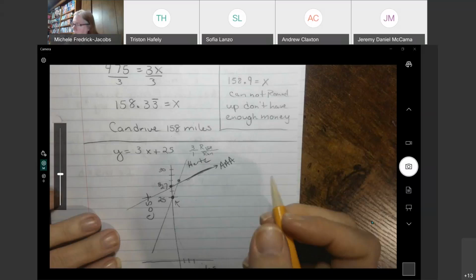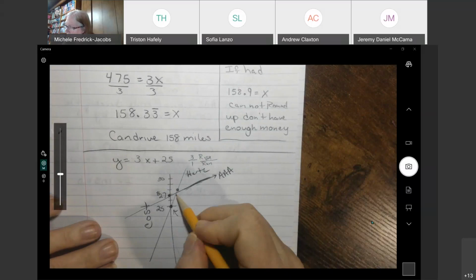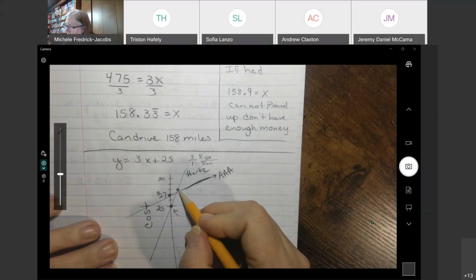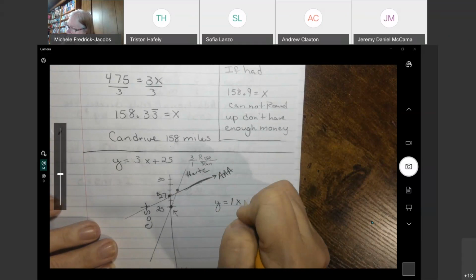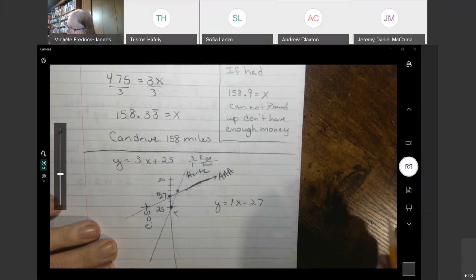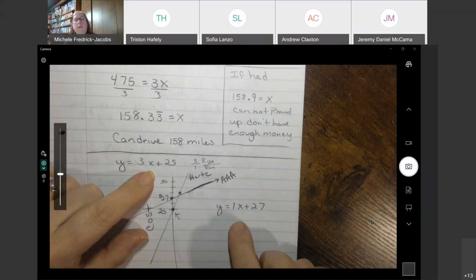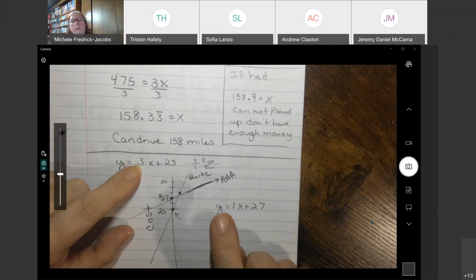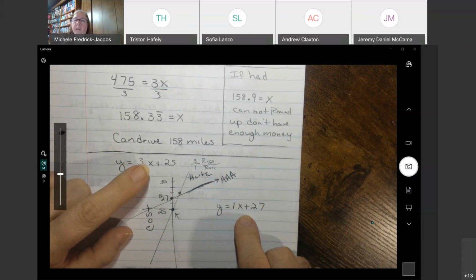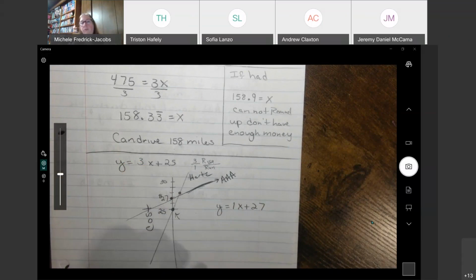So what this one would be, it looks to be like we're going up 1 over 1. So the slope is probably 1x plus 27. And so it's a competition. Maybe I'm starting up a little higher, but I'm only charging $1 for every mile that you drive, and they're charging $3. That's why the rates would be different.